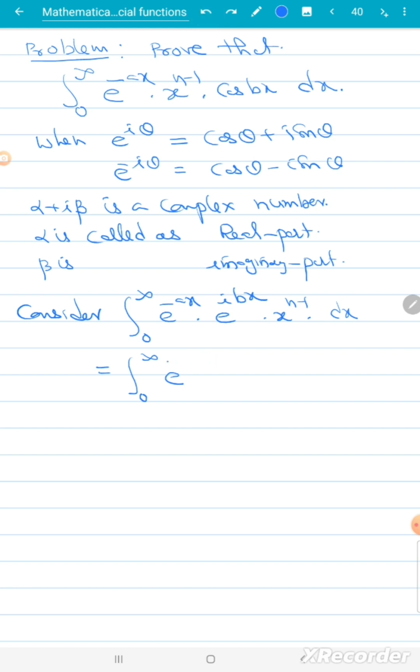e power minus (a minus ib)x into x to the power of n minus 1 dx.